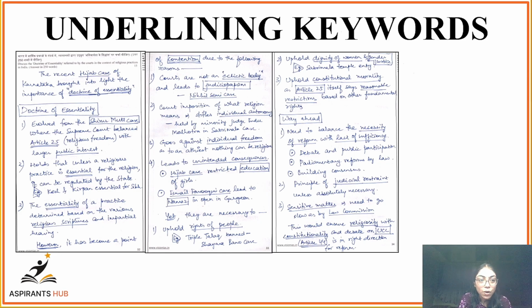Then underlining of keywords: whatever keywords are there, please underline them, very important. And wherever necessary, you can add a value addition pointer. See here, Aditya Srivastav sir, AIR 1 2022, has put it in a box in his copy. Please pause and go through this, very simple.